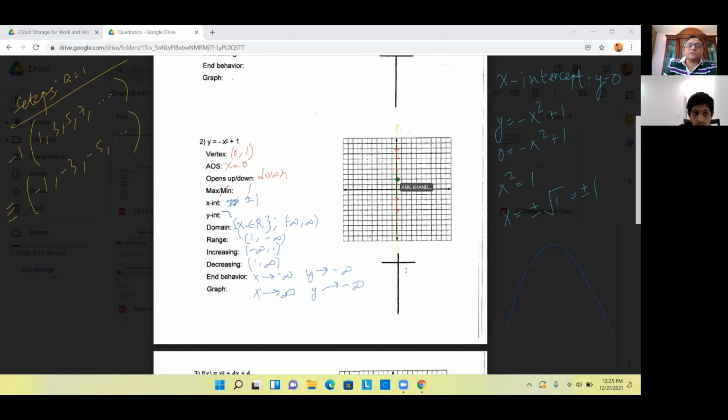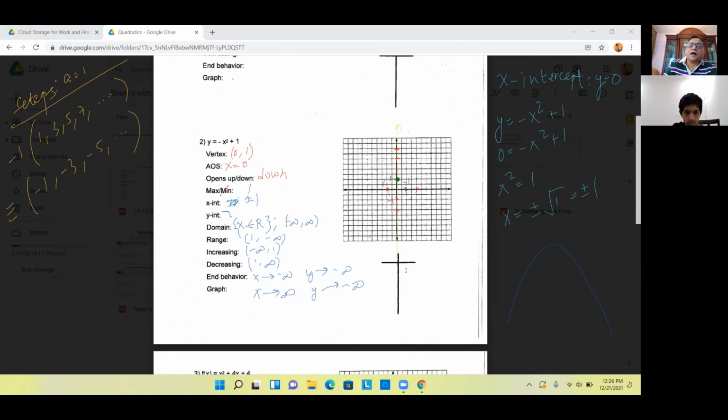The axis of symmetry I've already drawn, it opens downward, x-intercepts at plus minus 1. Let me first write down the scale, otherwise it'll create confusion. So 2 units is 1 for me. We'll write here plus 1, minus 1, plus 1, minus 1, right?